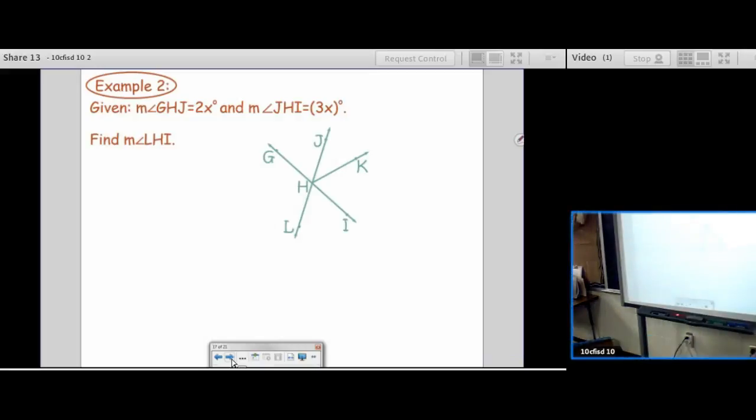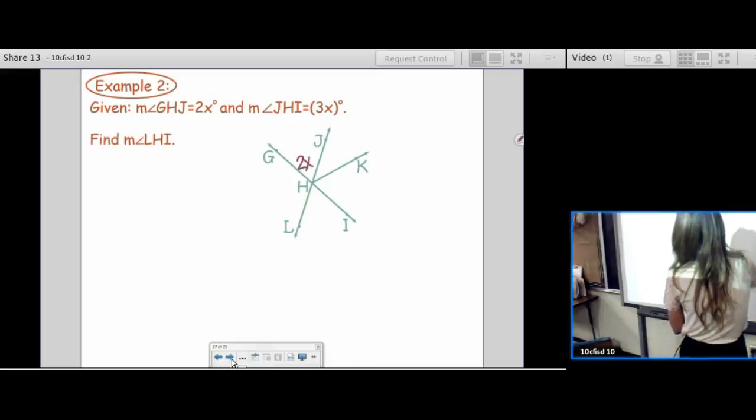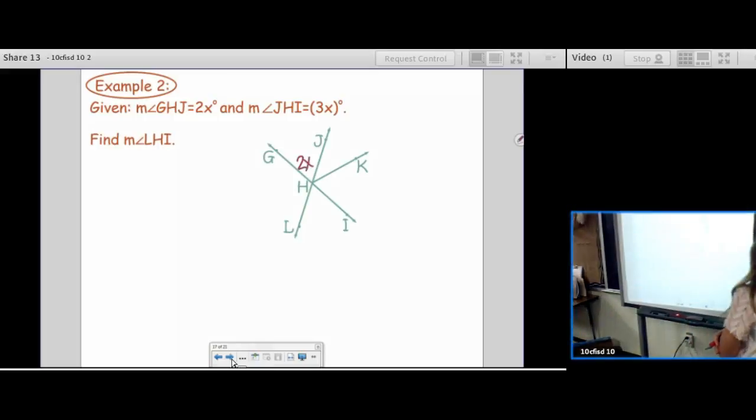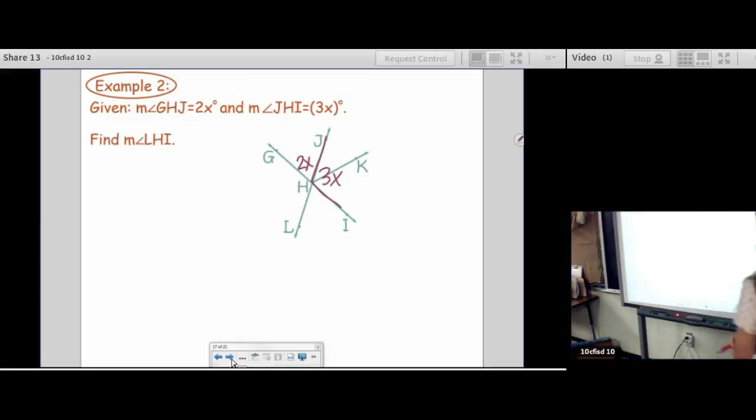Let's try another one. Given the measure of GHJ is 2x, and JHI is 3x. Find the measure of LHI.